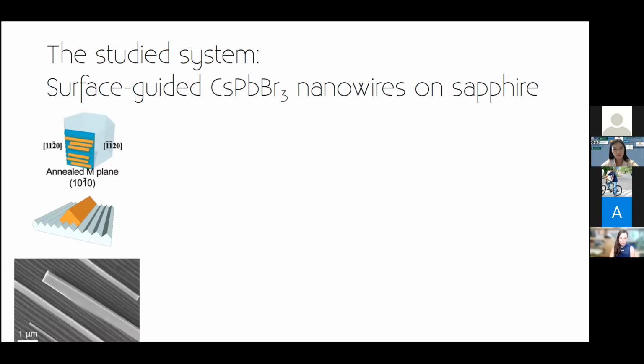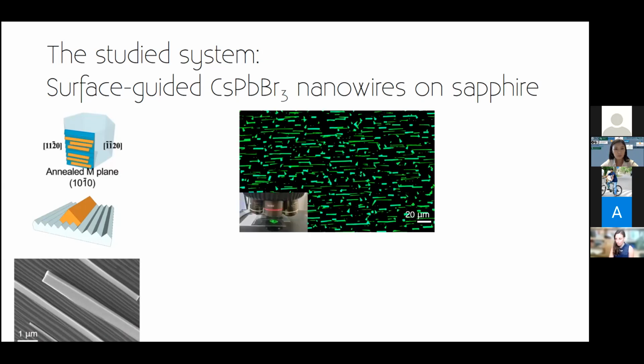You can see this in the SEM image here. You can see the grooves on the substrate, and on top of them, you have the nanowire with its triangular cross section. And they actually nucleate randomly on the surface. This is a fluorescent microscope image, and you can see that they fluoresce in really strong green light.